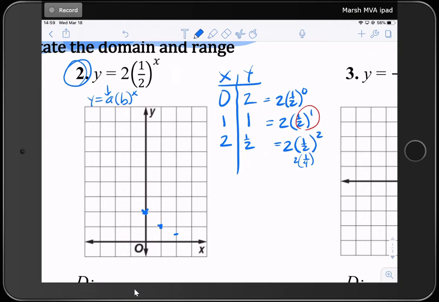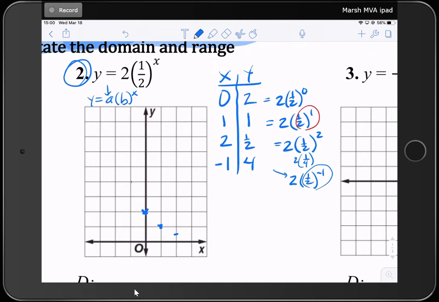All right, so then let's do -1 for the x. So what does that give us? I'll do the math down here, that gives us 2 times 1/2 to the -1. Well, 1/2 to the -1, the negative exponent means the base is on the wrong side of the fraction bar, so flip it over. So 2 times 2, that would give us 4. So go back 1 and then up 1, 2, 3, 4, that location here.